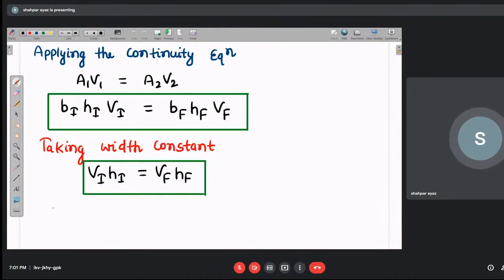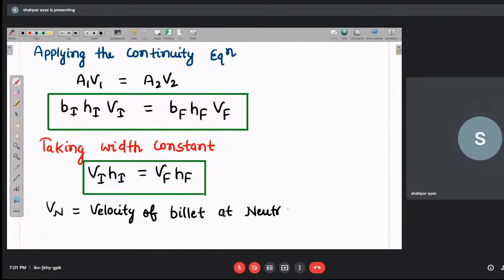I am defining Vn as the velocity of the billet at neutral plane, and Hn is the height of the billet at neutral plane.